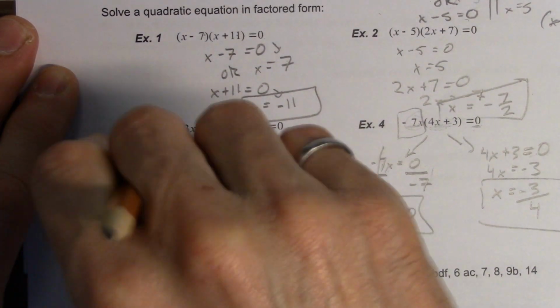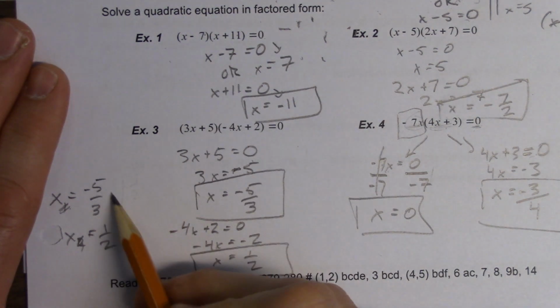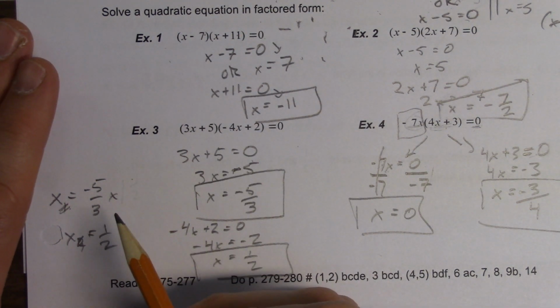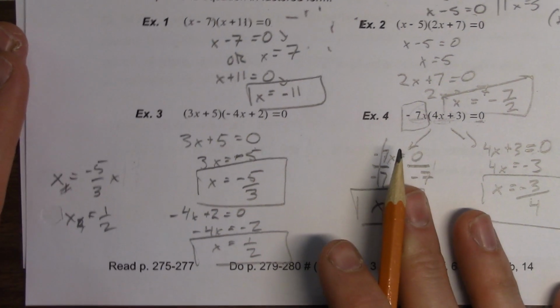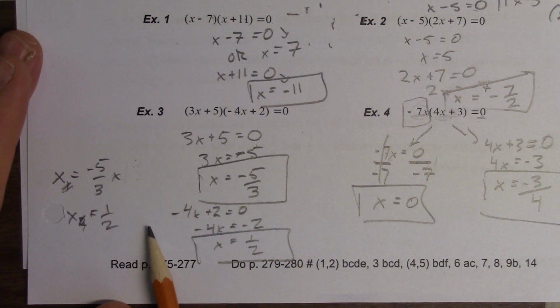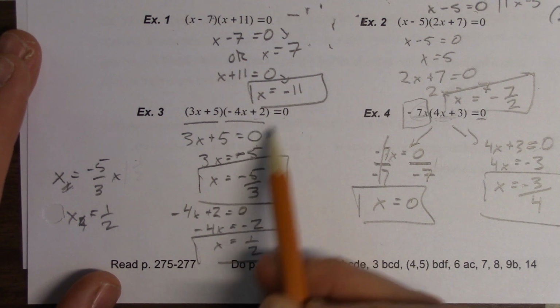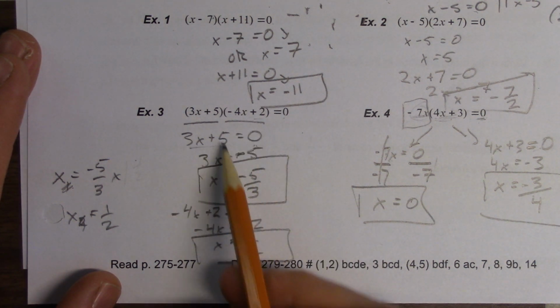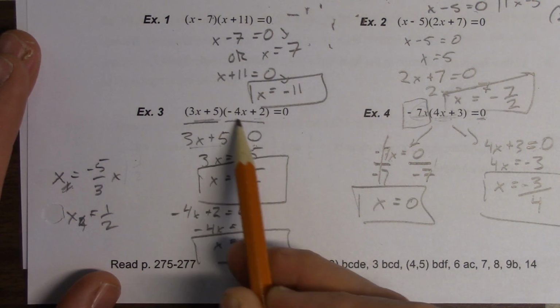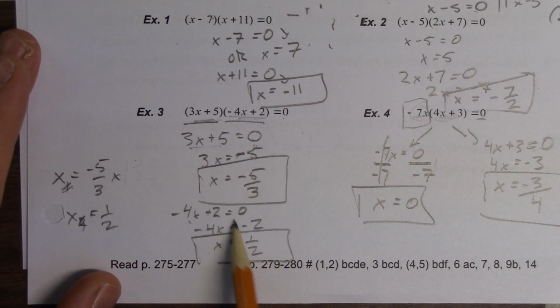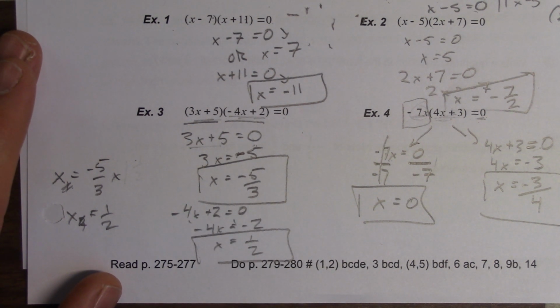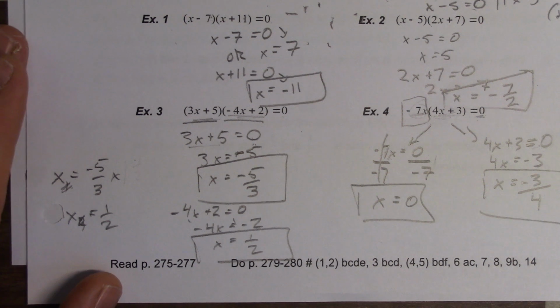Why would I multiply this by 1.5? They're both supposed to be 0. Oh. Both of these terms are supposed to equal 0. Do you see what I did? I set this term equal to 0. I set this term equal to 0. Do you understand?